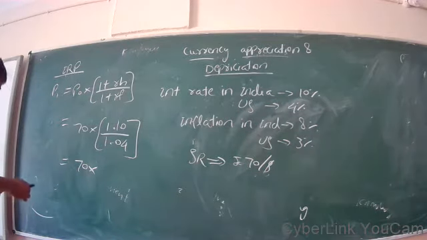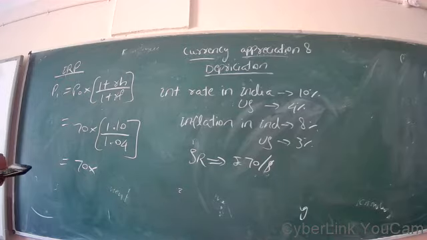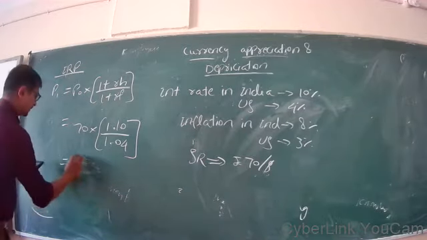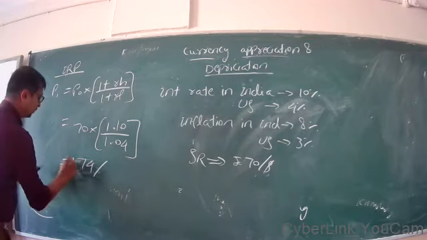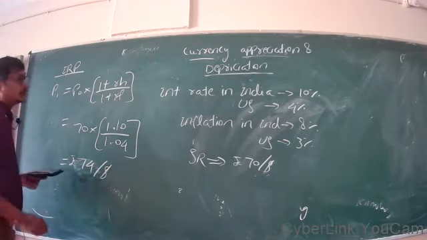Now calculate: it is 74 rupees per US dollar.